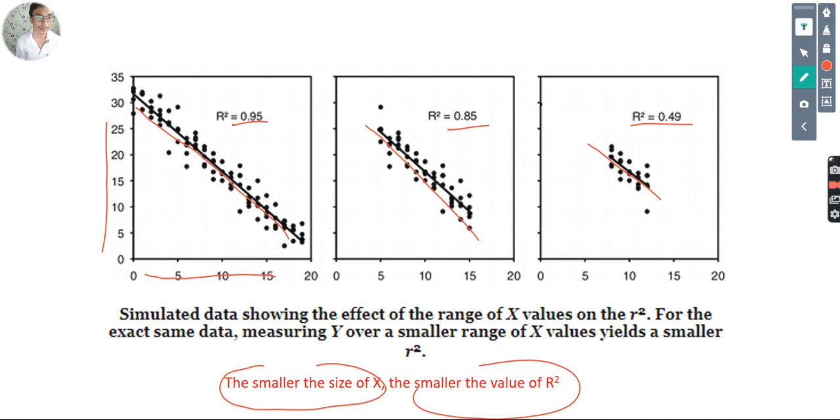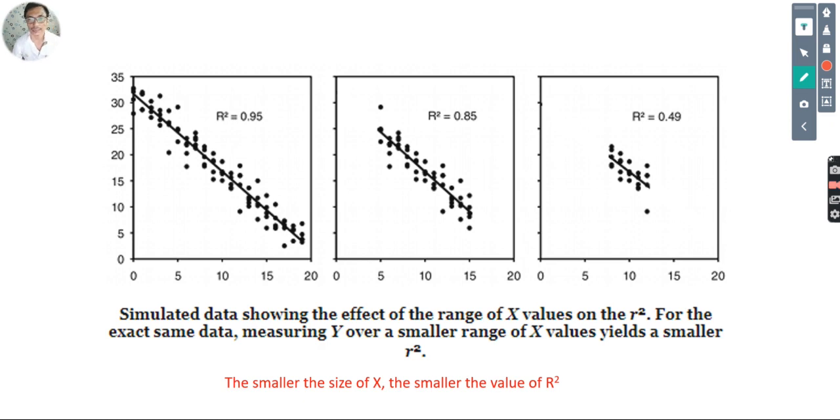If you take a large number of X, you'll get a very high R square. Even if it's a best fit, if you get a smaller size of X, you may get this kind of regression line. So here your X is deciding the R square.